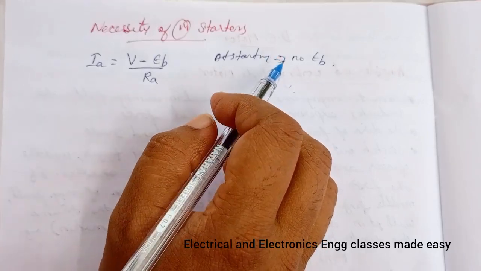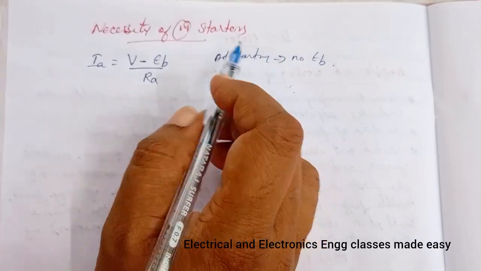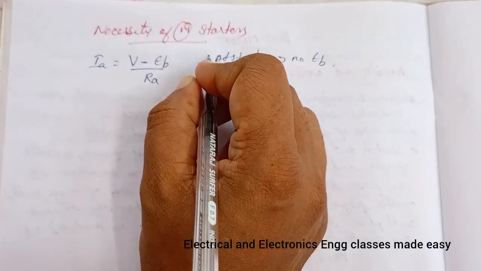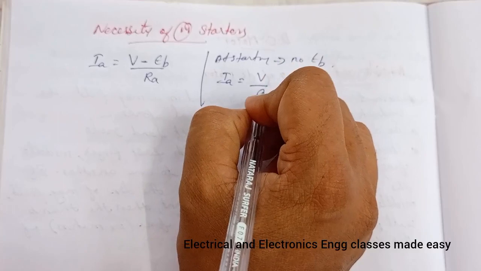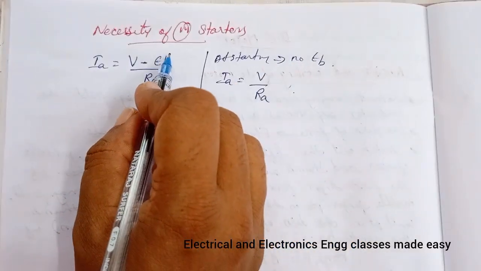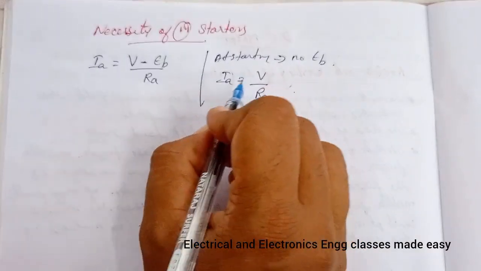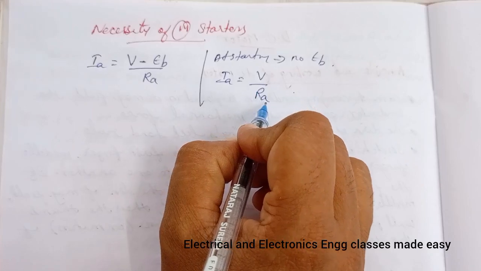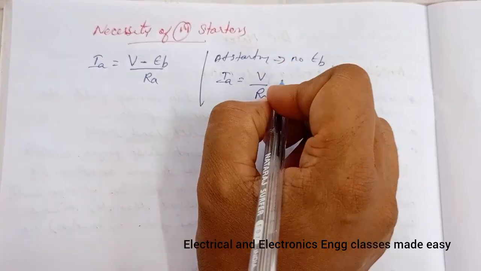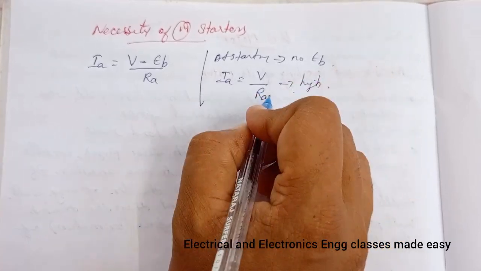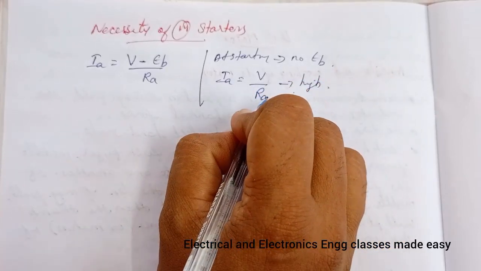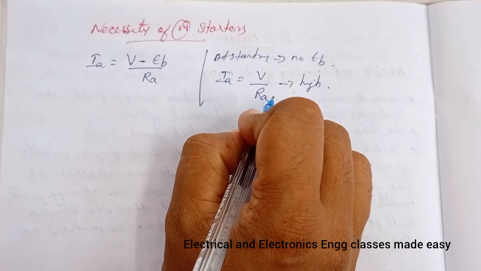So if the motor is directly switched on, the armature current IA will be equal to V divided by RA. That is, if there is no back EMF, means IA is equal to V divided by RA, and it will be very high because the armature resistance has very small value.